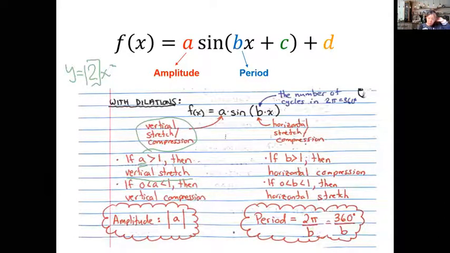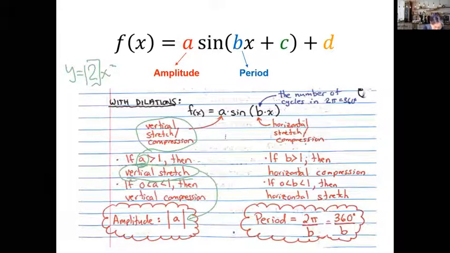It could go up to 2 and down to -2, or up to 3.5 and down to -3.5. So with A greater than 1, a vertical stretch happens, and that affects the amplitude.